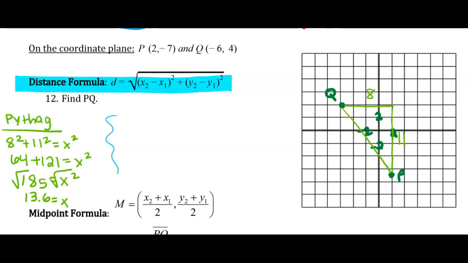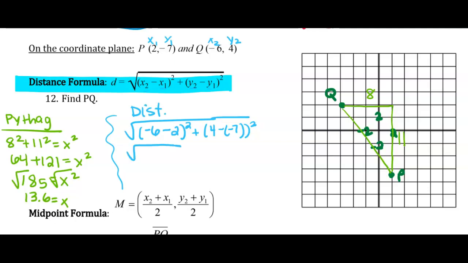You can do this using the distance formula. So you would just label this as x1, y1, x2, y2, and then you plug them in where you see them in the equation. So x2 would be -6 minus -2 squared plus 4 minus -7 squared. -6 minus -2 is -8 squared, plus 4 minus -7 is 11 squared.